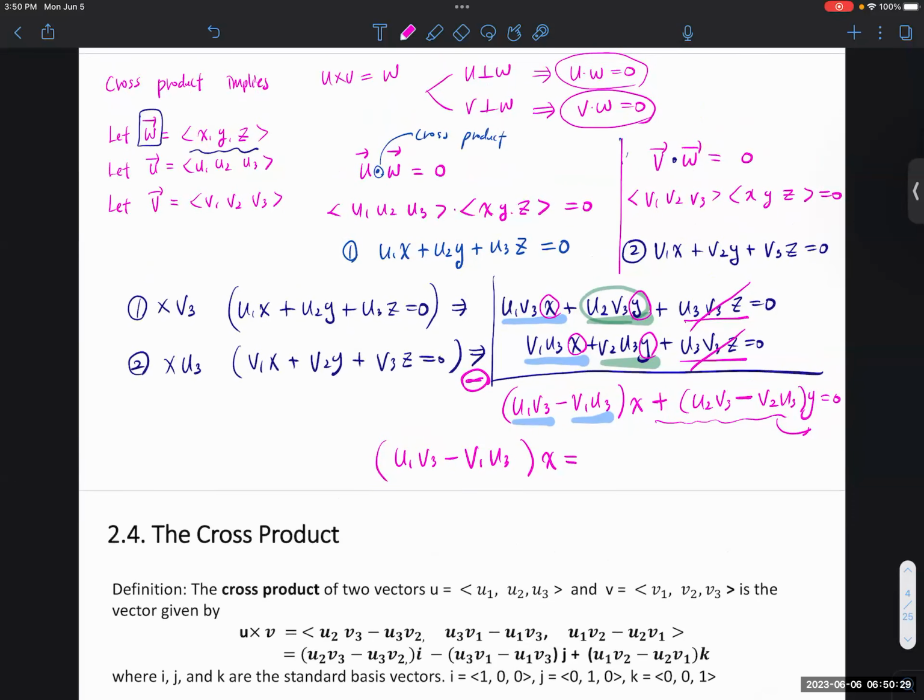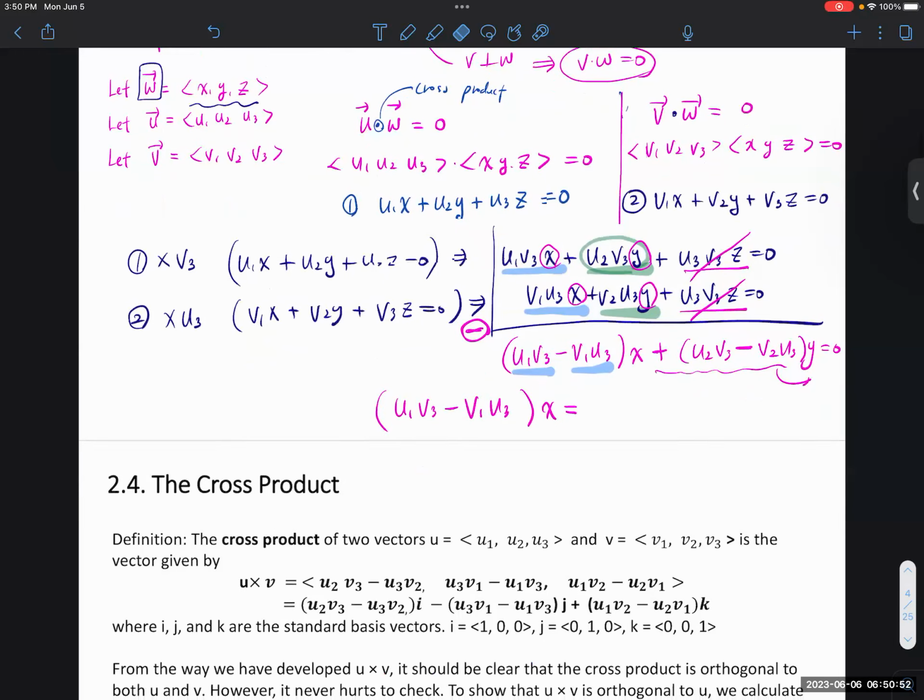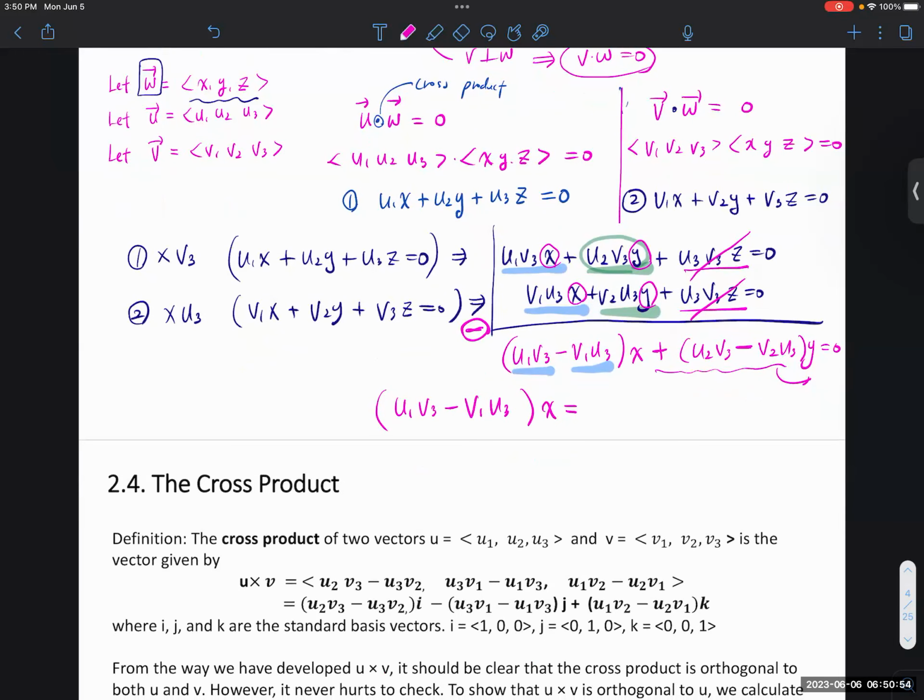So think about it. If you have 2x plus 3y equal to 0, and 3x plus y equal to 0, if you subtract them, it is going to be 2 minus 3 x plus 3 minus 1 y. So I'm going to just use that. I'm going to get rid of this one. So you can think about this algebraic work. This one is this blue, right?